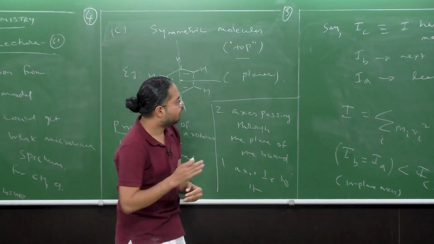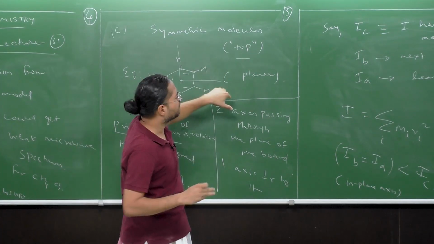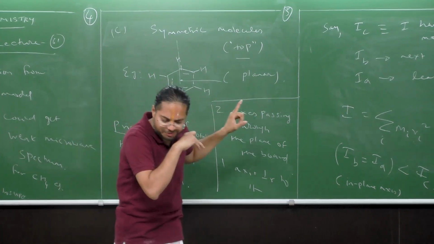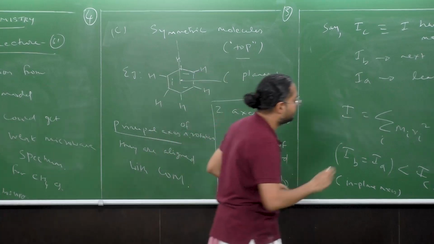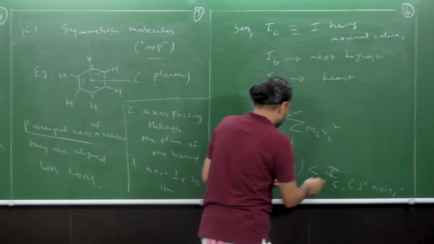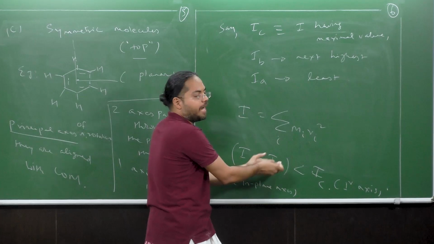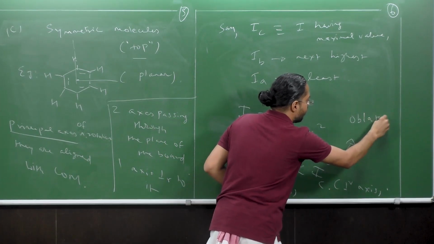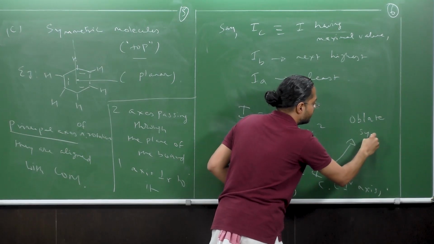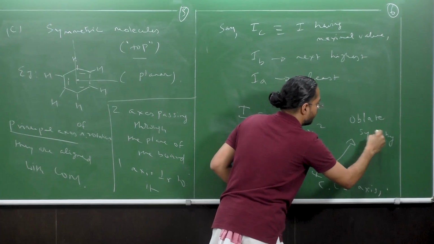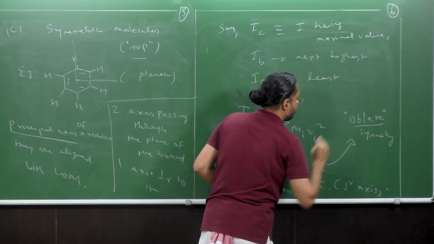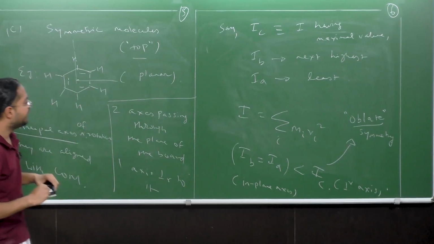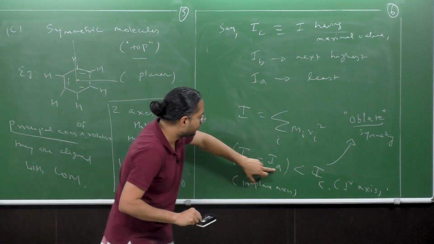Now, for such symmetric molecules, I think they're also called prolate or oblate. I'll confirm what they're exactly called. They're called oblate. So such systems for which IB is equal to IA and is less than IC are called molecules having oblate symmetry.